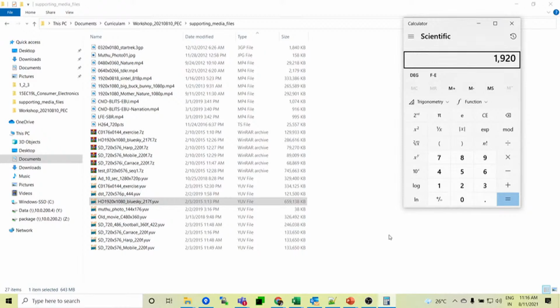So 1920 cross 1080 plus 2 into, open bracket, 960 into 540, close the bracket, into 217.